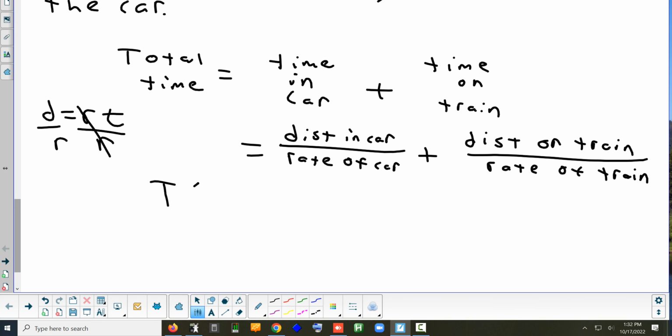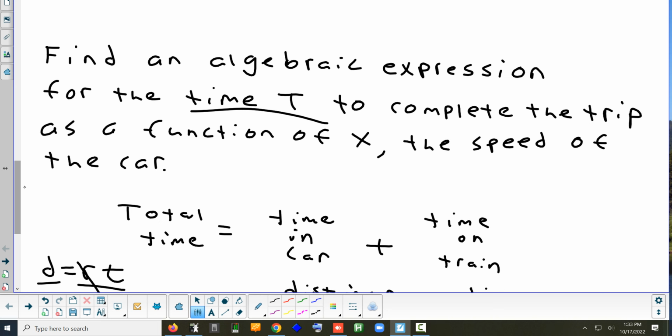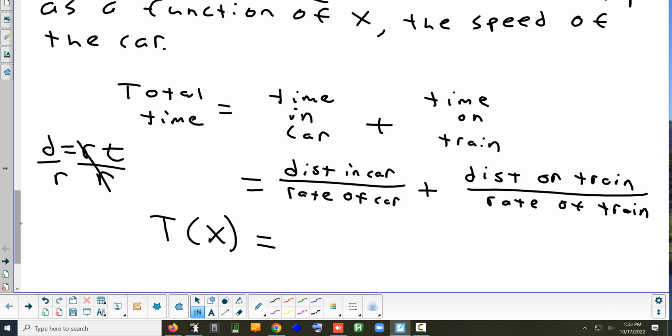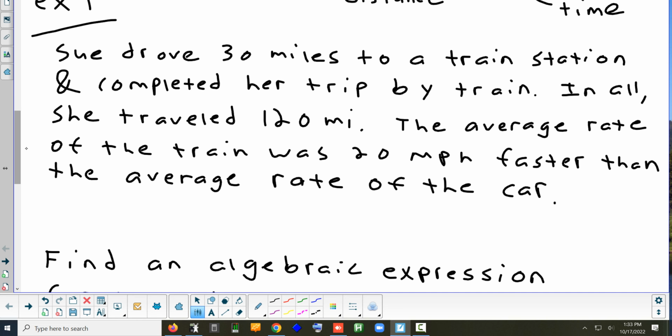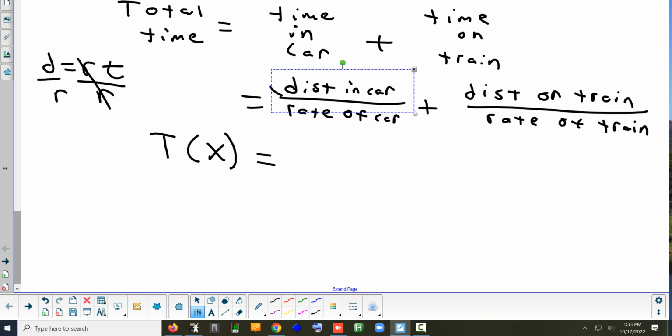All right, so capital T is going to represent the total time, and X is the variable that I'm using. And remember what X is. It's the speed of the car. So let's start with the distance that she travels in the car. Does anybody remember, what did it say she traveled for a distance in the car? 30 miles. So that's the top, 30 over.